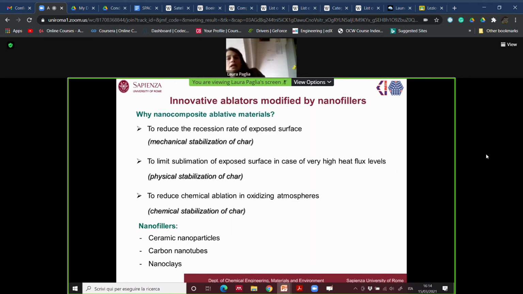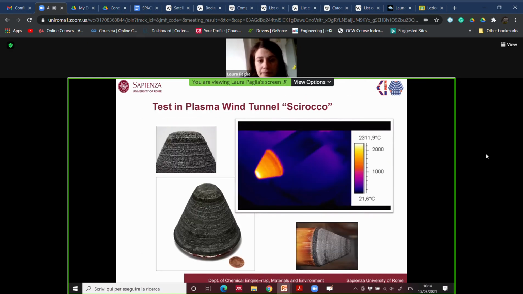Okay. Excuse me, I have a question. Yes. The horizontal lines that we can see in the body are due to the fabrication technique? Yes, it's due to the fabrication technique because we used carbon felt, which was manufactured in layers. There are several layers put together with a carbonaceous binder.